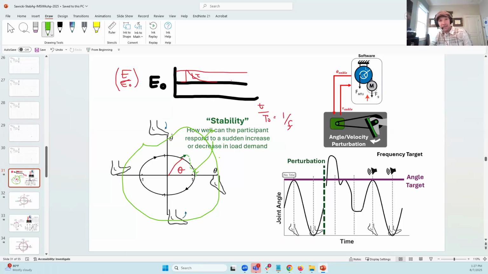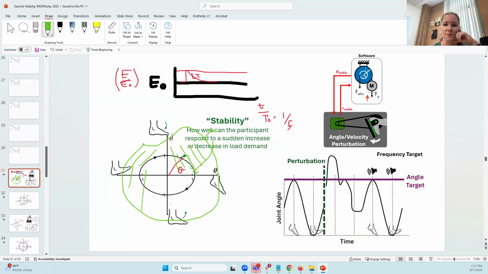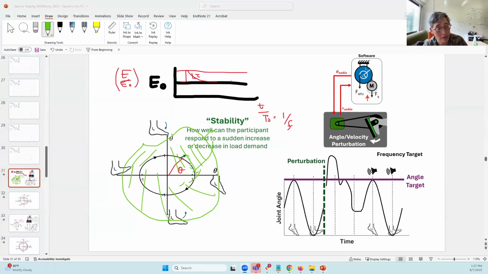So robustness to me is like, how big is the space that you can return from? Okay, but for each person, when you give a particular load, they're going to have a different size circle, right? Their nominal limit cycle will be at a different energy level. Is there a metronome?